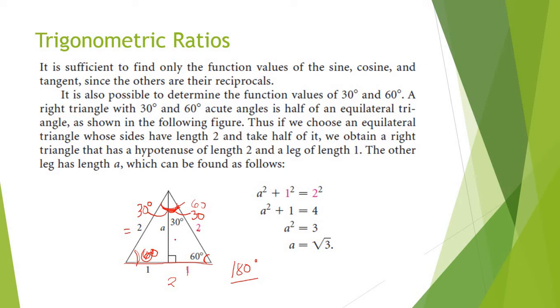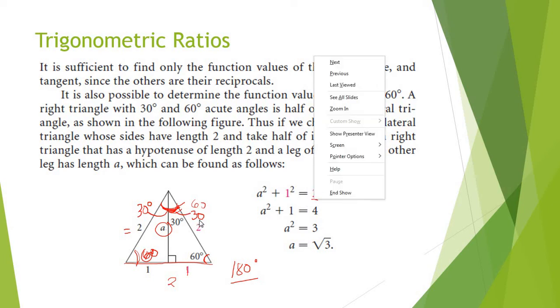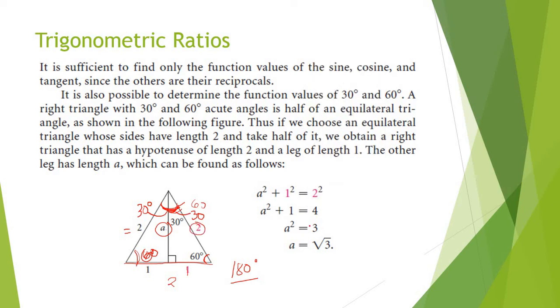So what we're going to do is find the opposite of your 60 degrees, or it could be the adjacent of 30 degrees. To find that, again, we're going to use the Pythagorean theorem. Your c is the hypotenuse, which is this.